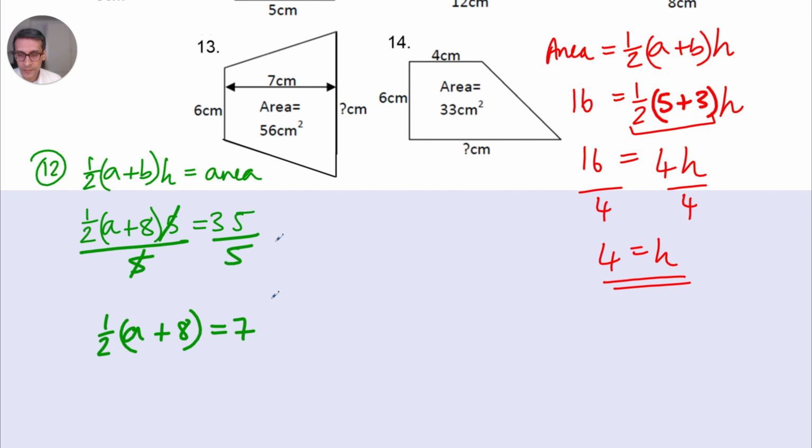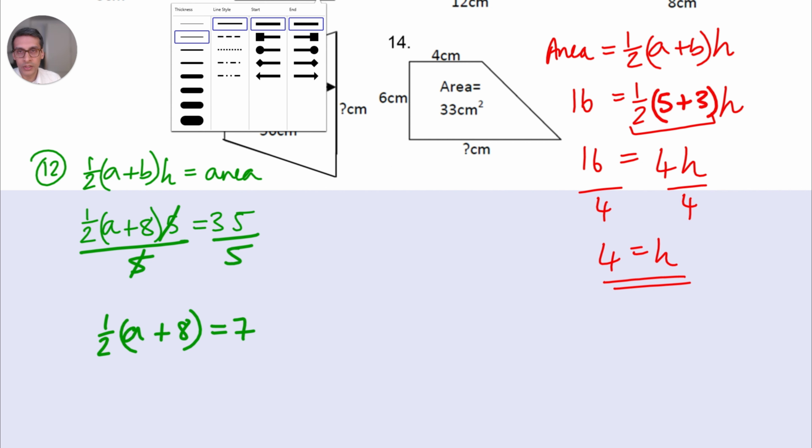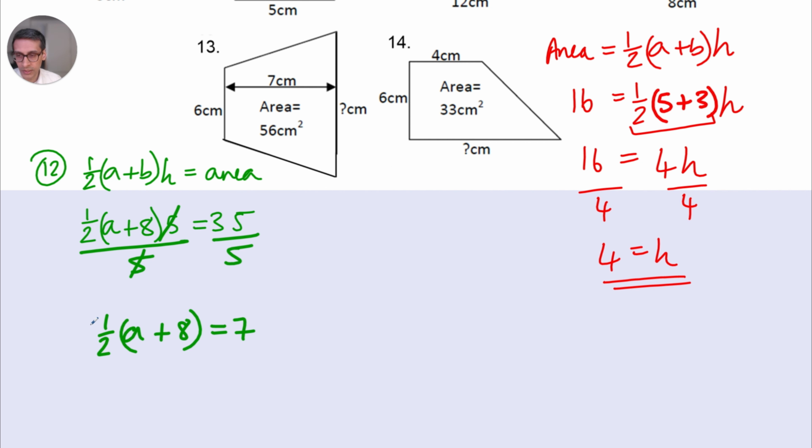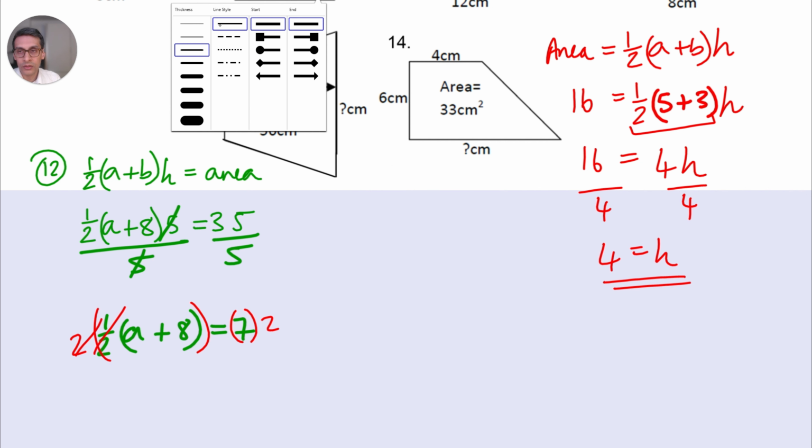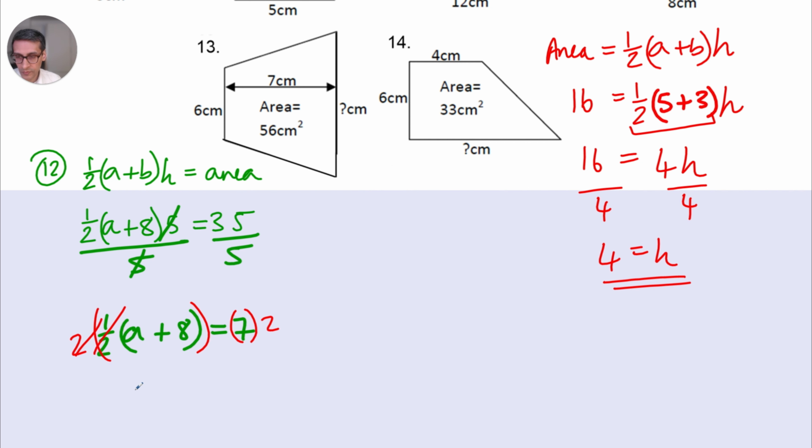Then I'm going to multiply both sides by 2 because I want to get rid of the half here. So we're going to times this side by 2. We're going to times this side by 2. So that cancels out. So then we end up with a plus 8 equals, now 7 times 2 is 14.